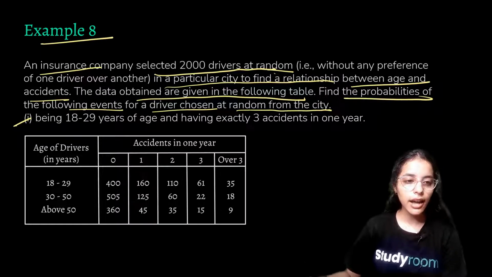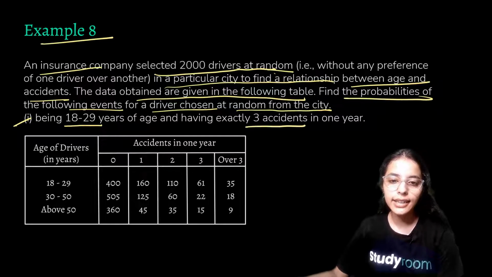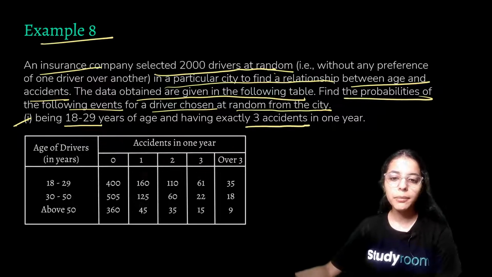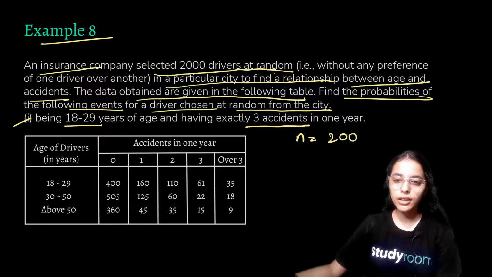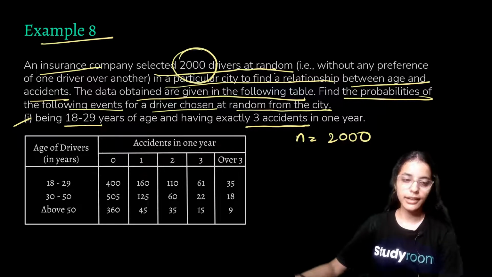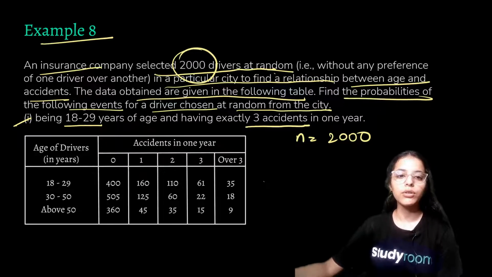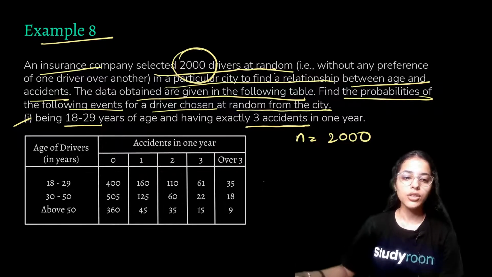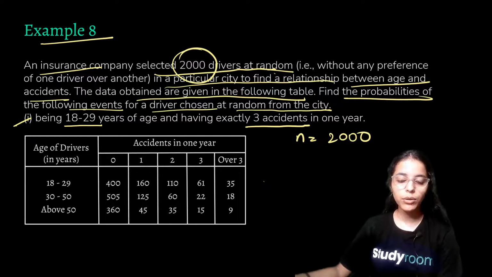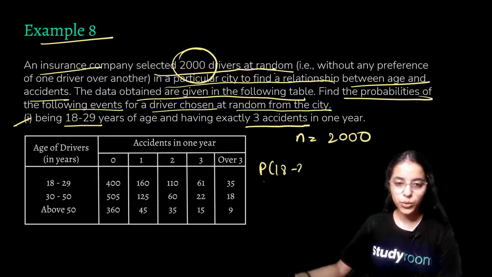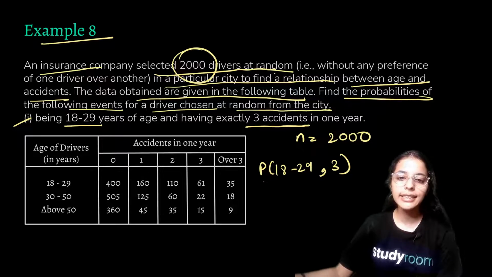So first is our driver being 18 to 29 years of age and having exactly 3 accidents in 1 year. First of all, let me write my N. N is 2,000 because we have 2,000 drivers. That is, the total number of trials could be said to be 2,000. Now let us see our outcome. That is, our age should be 18 to 29 and he or she should have exactly 3 accidents.